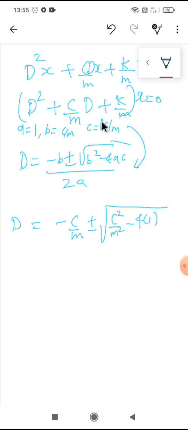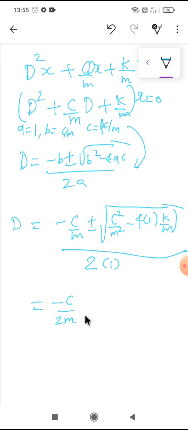This is divided by 2A, and 2 into A is 2. Now if I bring this 2 in, it will be minus c by 2m plus or minus, and here it will be 1 by 2.